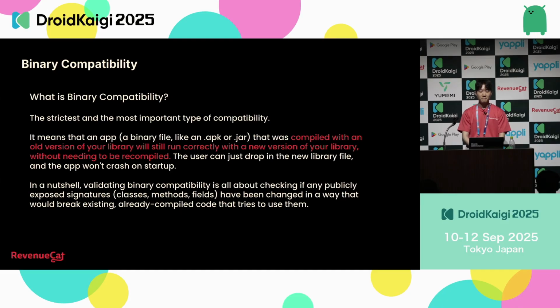But normally, binary compatibility is the strictest and the most important type. Binary compatibility means any apps using your library should compile well without recompilation. So, in a nutshell, by validating binary compatibility, we can detect if any publicly exposed signatures have been changed.